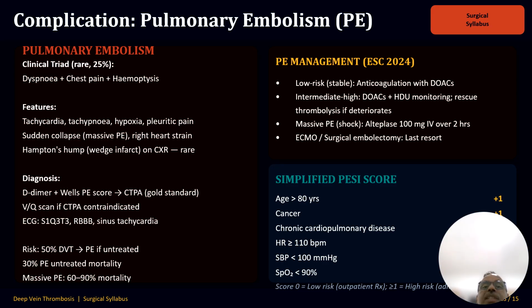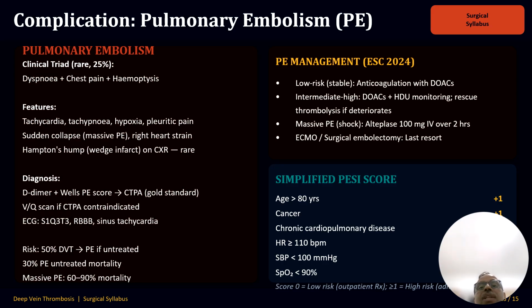So the scoring system basically combines these 6 criteria for which 1 point is given for each: age more than 80 years, any evidence of malignancy, chronic cardiopulmonary disease, heart rate more than 110 beats per minute, systolic blood pressure less than 100 millimeter of mercury, and SpO2 less than 90%.